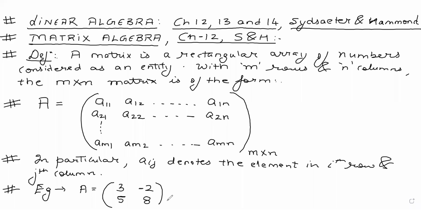So the order of this matrix is 2 cross 2. If I give you another matrix which is minus 1, 2, root 3 and 16, what is the order of this matrix? It has only one row, but how many columns? 4 columns. So the order of the matrix is 1 cross 4.